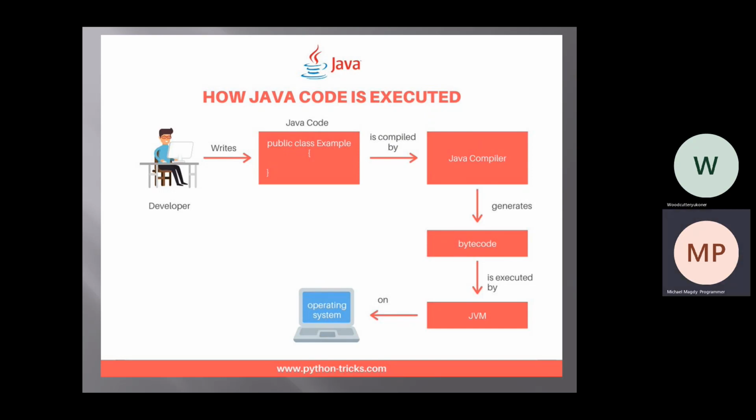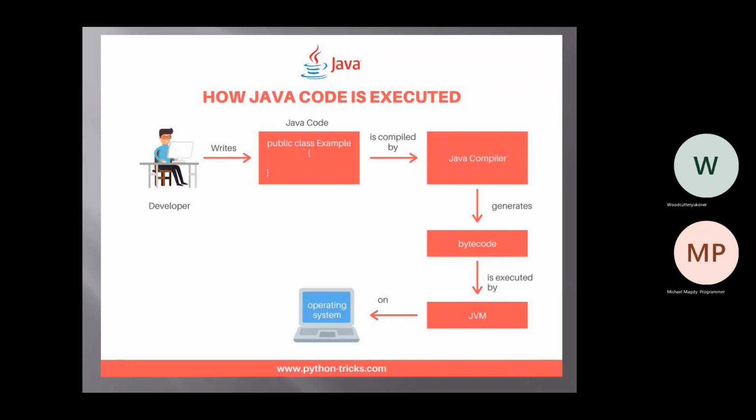This Java compiler is one of the files of the Java language that we will download later in this lesson. Its mission is to get the code written by the programmer, which is called source code.